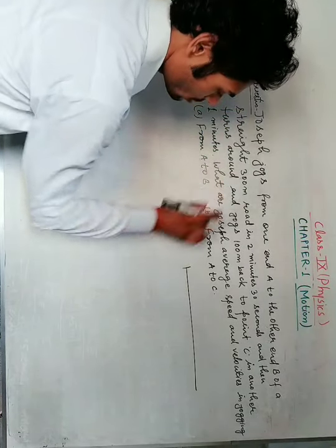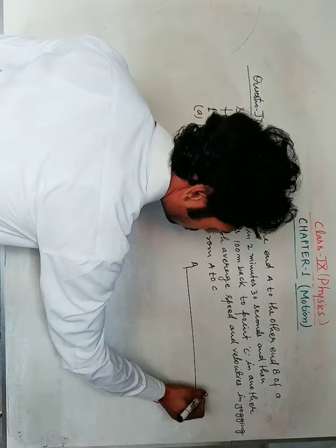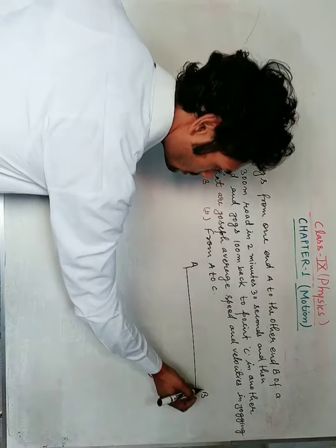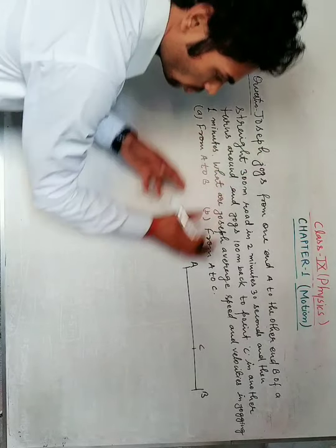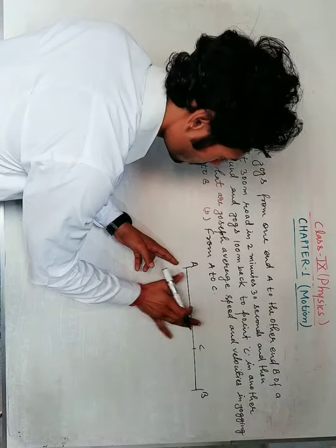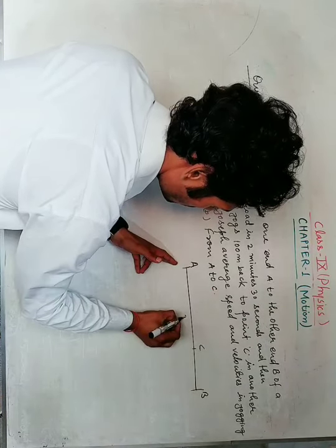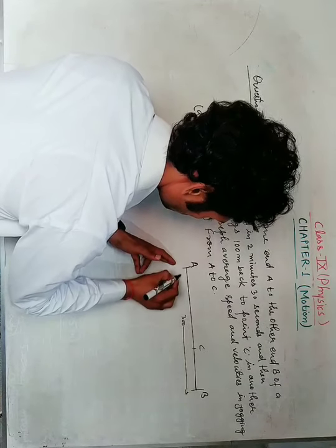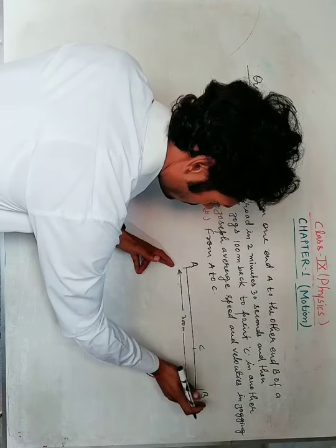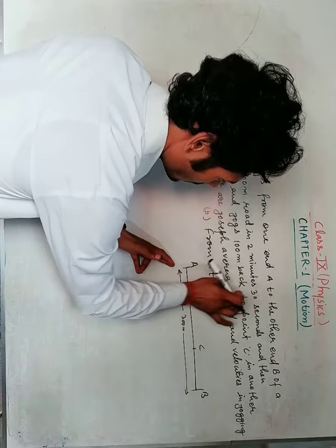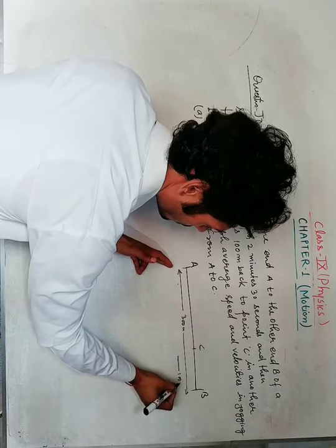Suppose that Joseph starts jogging from point A and reaches point B, and then returns to point C. Then according to the question, total distance covered by Joseph AB equal 300 meter, and from B to C, according to the question, 100 meter.